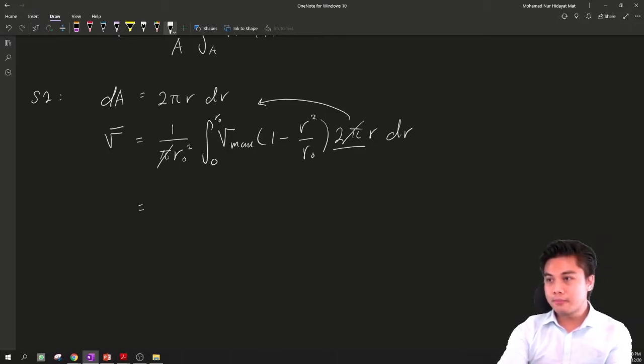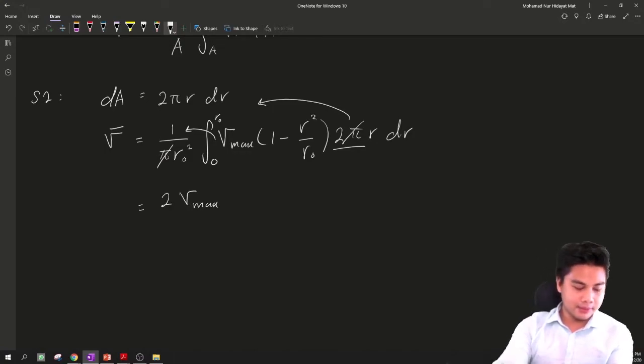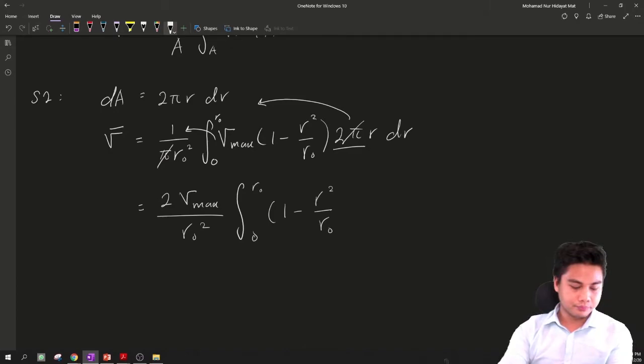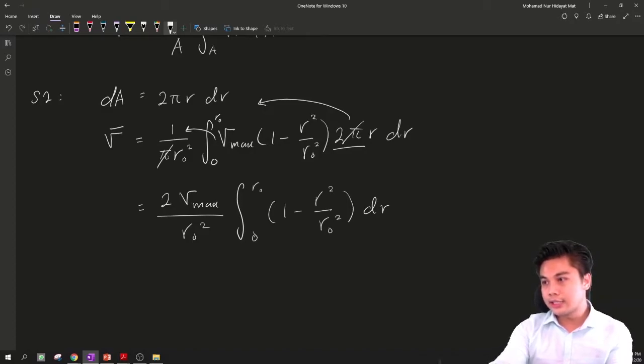And V max is constant, so we leave outside 2 V max over R naught squared, times the integral from 0 to R naught of 1 minus r squared over R naught squared, dr. This is as well as r.